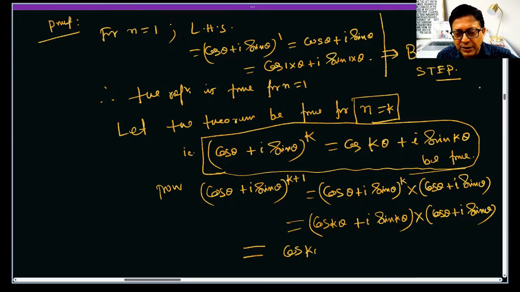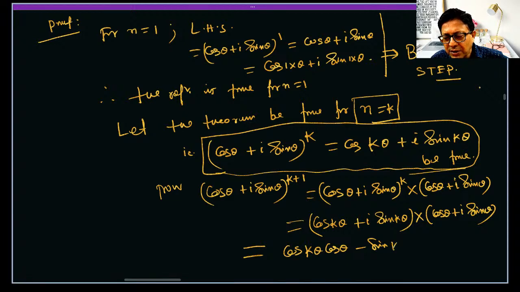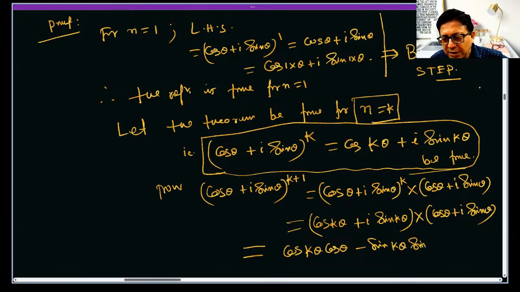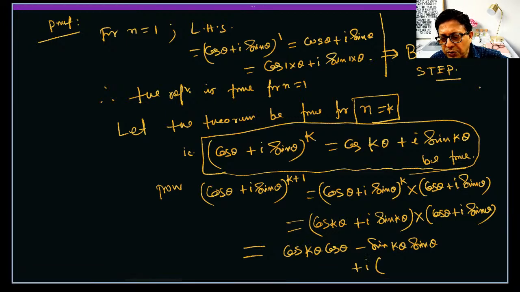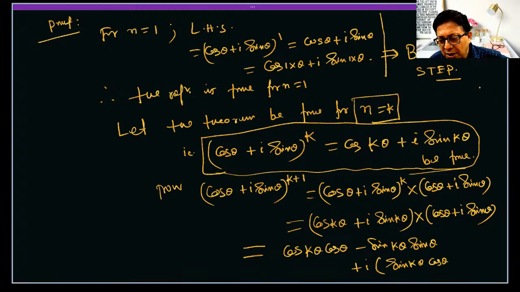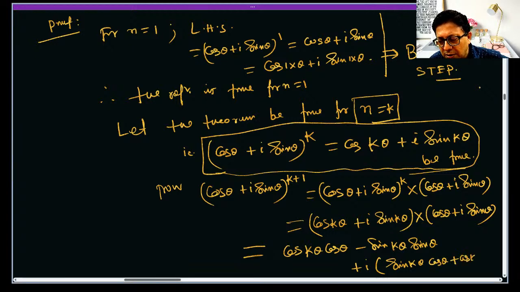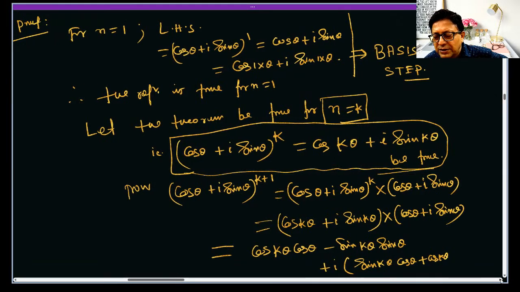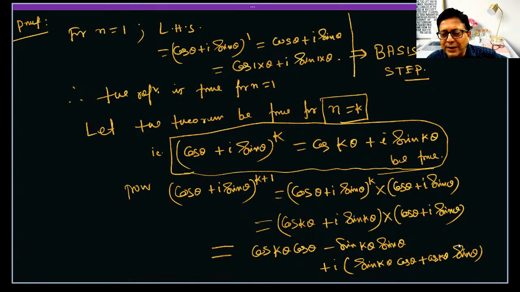This is going to be cos k theta cos theta, i square is minus 1, sin k theta sin theta, plus i into sin k theta cos theta plus cos k theta multiplied by sin theta. I've just opened the bracket.